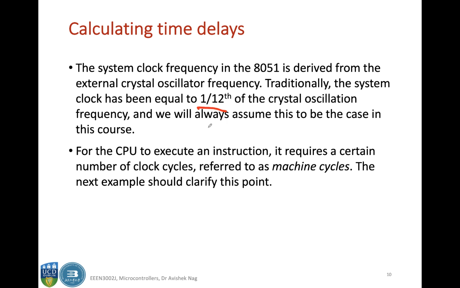We will always assume this to be the case in this course. For the CPU to execute an instruction, it requires a certain number of clock cycles, referred to as machine cycles. The next example should clarify this point.